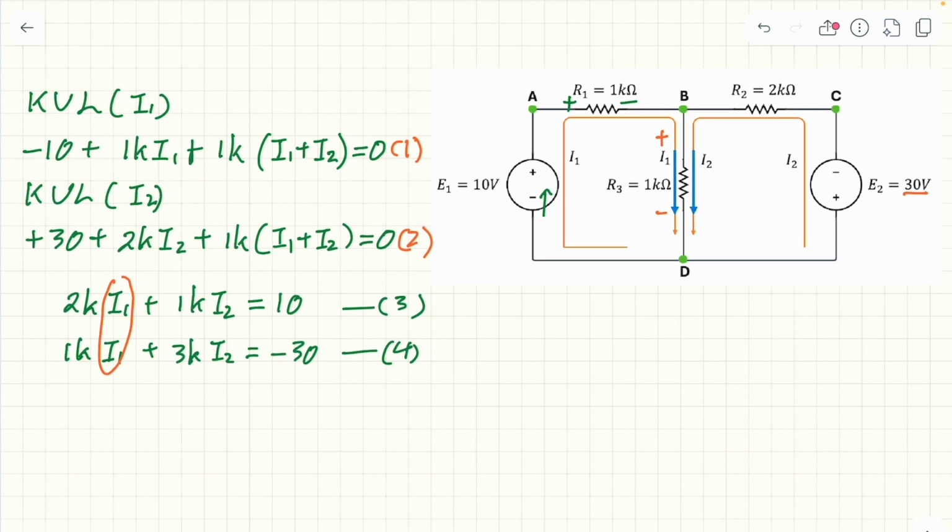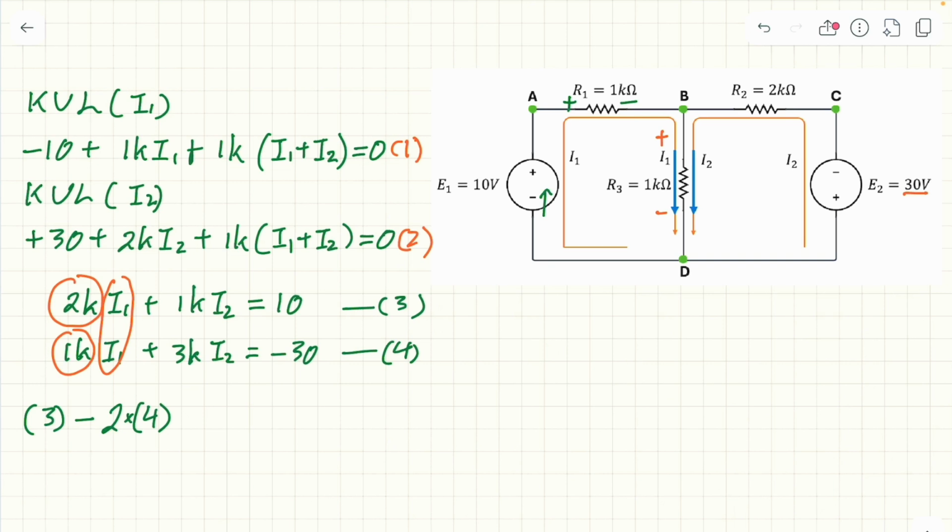Now we want to eliminate I1. The coefficient for I1 is 2K in equation 3 and 1K in equation 4. So to eliminate I1, we can say 3 minus 2 times 4. So I1 will be eliminated.